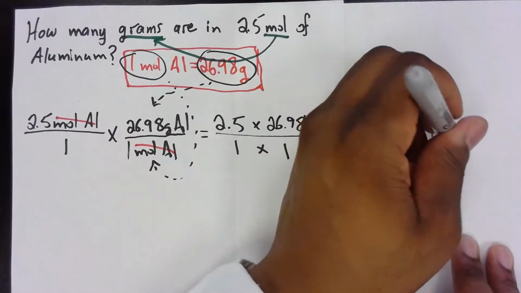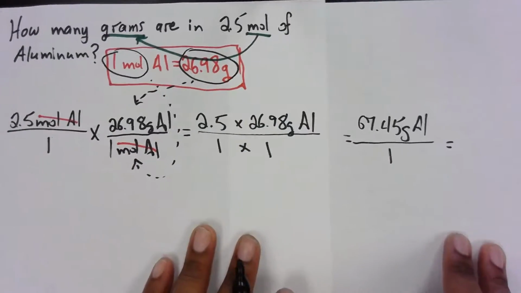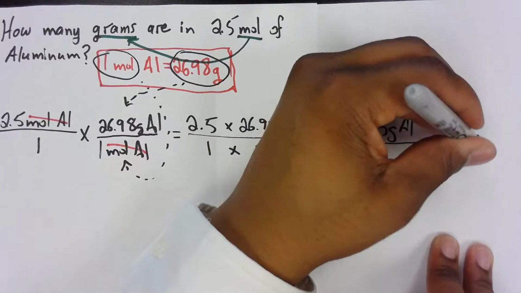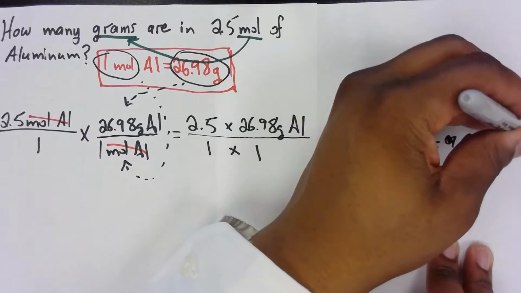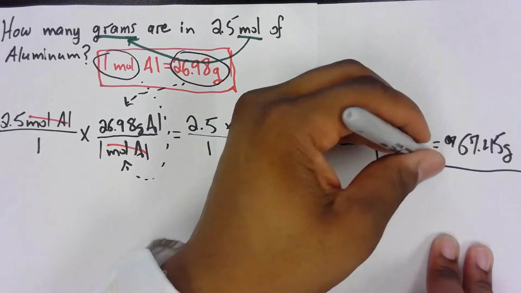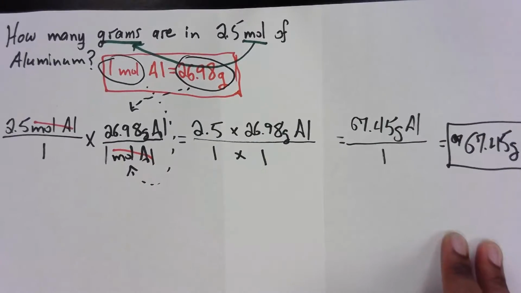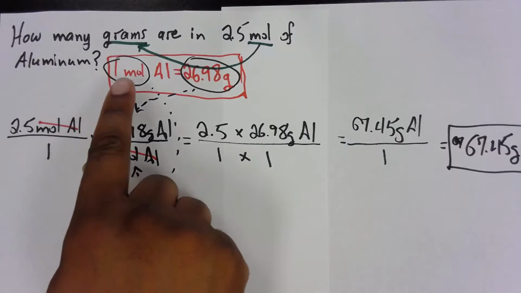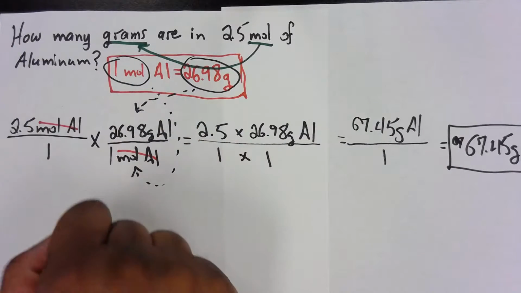Therefore, our final answer is 67.45 grams of aluminum. And that is how we convert between grams and moles of aluminum.